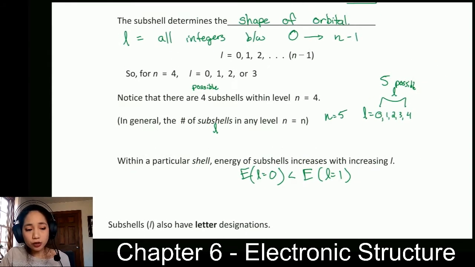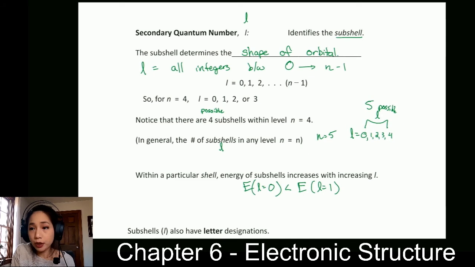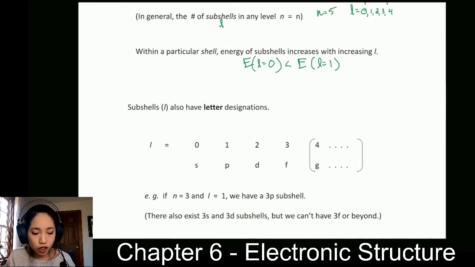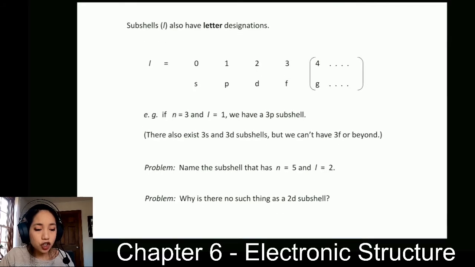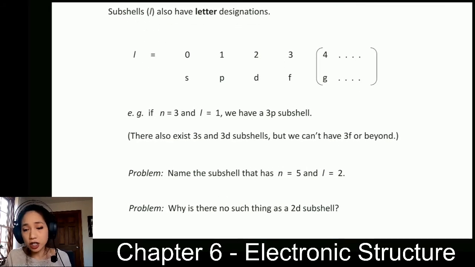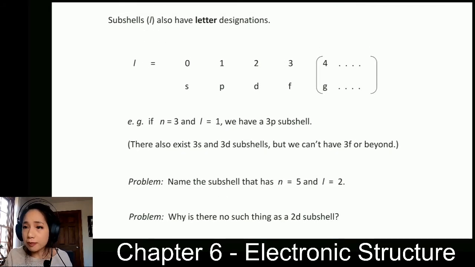So subshells, remember, determine the shape of the orbital. Each one of these subshell possibilities has a unique shape. So what do these shapes mean? Those shapes have a letter designation. These unique shapes that the subshells can have have specific letter designations to indicate their shape, and I'll show those shapes later.